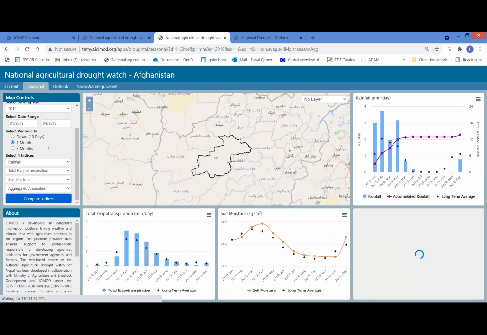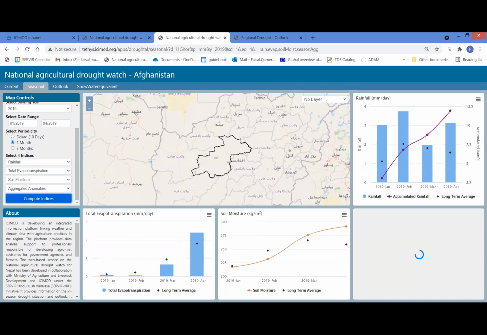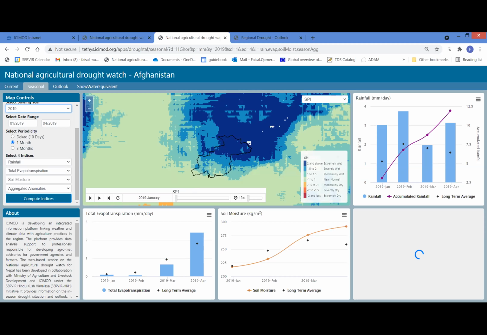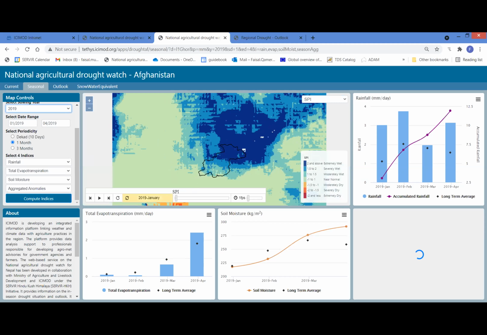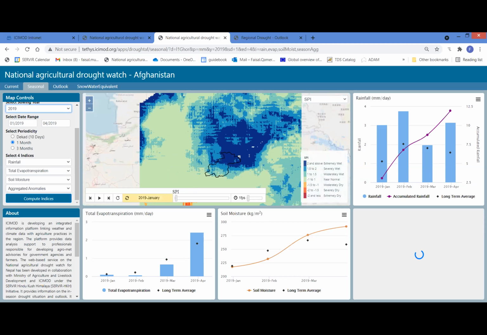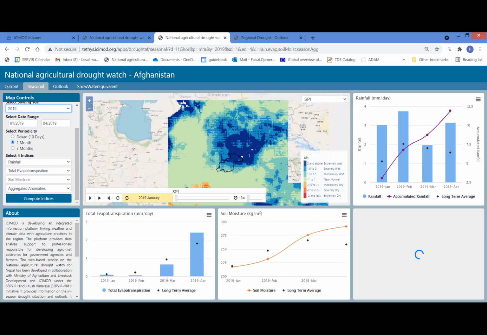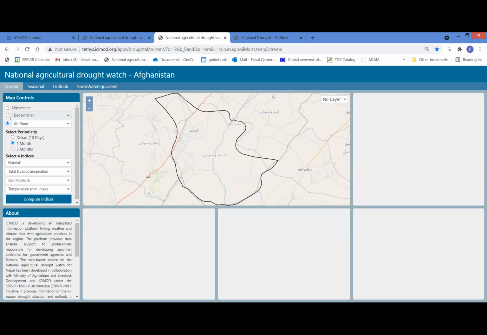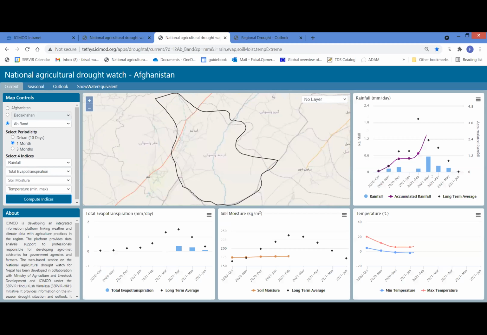So the idea is that you can always go back to 2001. You can always compare different months, different regions, and make your evaluation for your understanding of drought in those areas. So you have the current situation with the most recent data, here until June, and then you can select different time intervals.